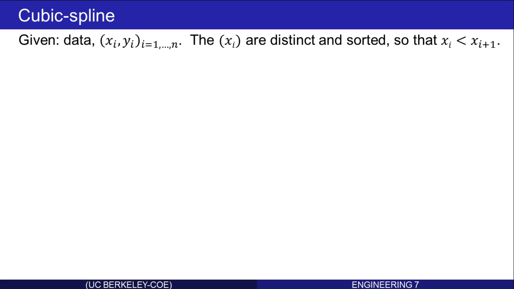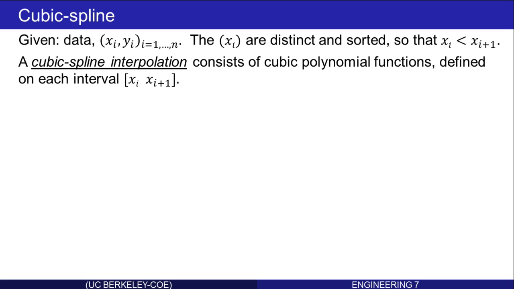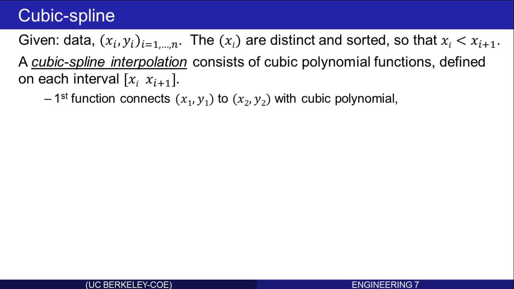The setup is the same. There's n data points, and without loss of generality, the xi's are sorted. A cubic spline interpolation consists of cubic polynomial functions defined on each interval. The first function connects x1, y1 to x2, y2 with a cubic polynomial.